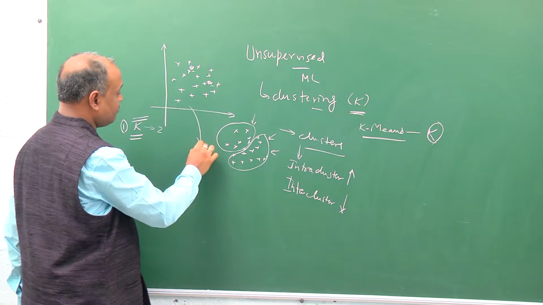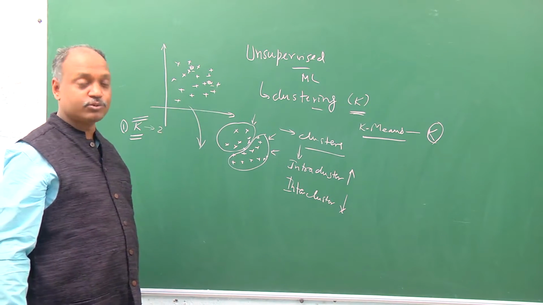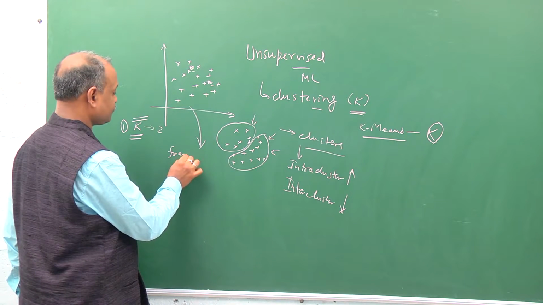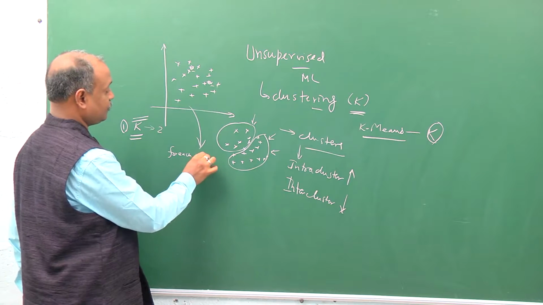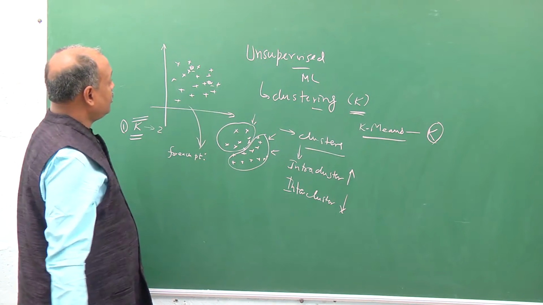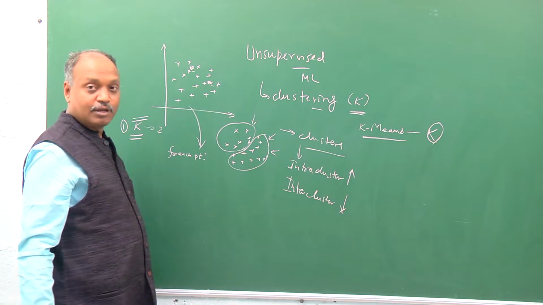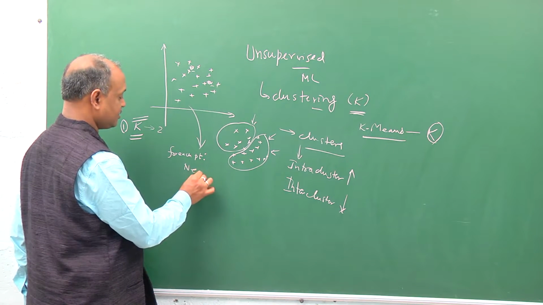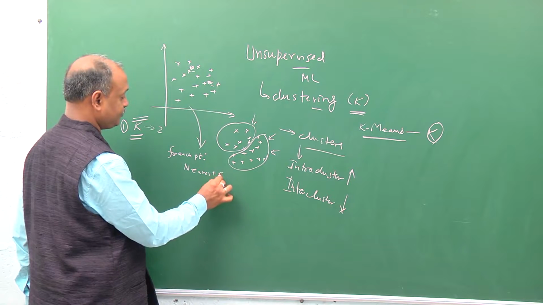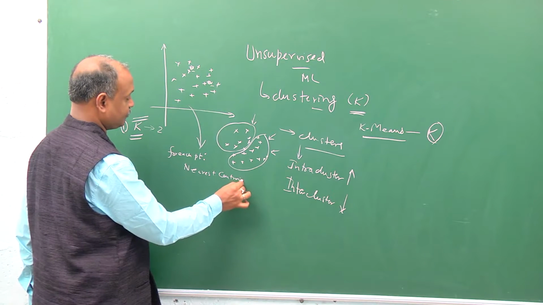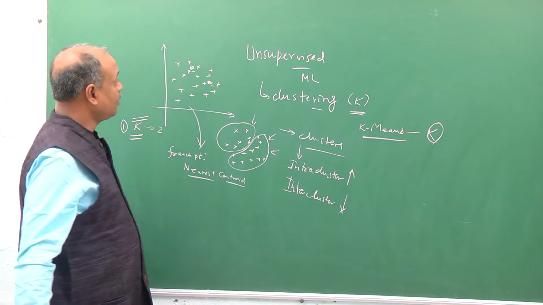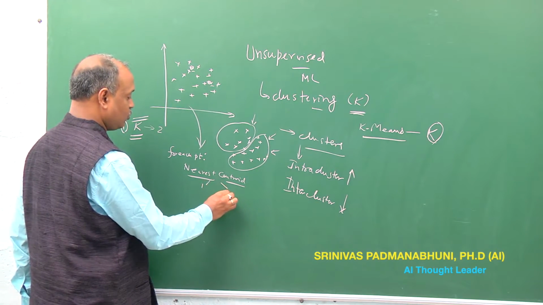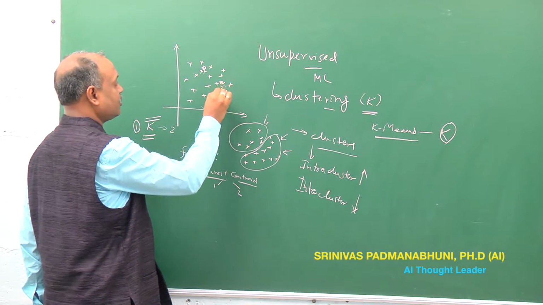Now, once we have chosen the initial 2 centroids, for each point you try to find out which is the nearest centroid, and based on that, you give it the number 1 or 2. If you call this centroid 1, this centroid is 2.